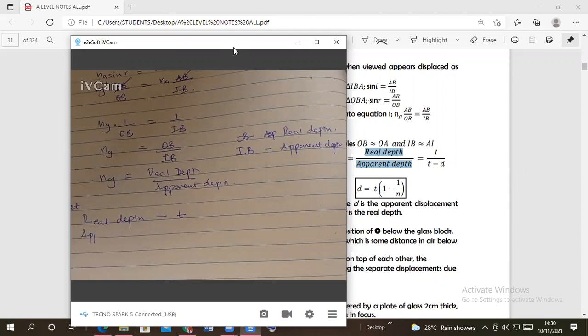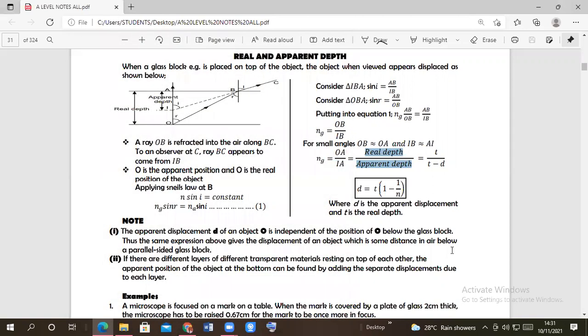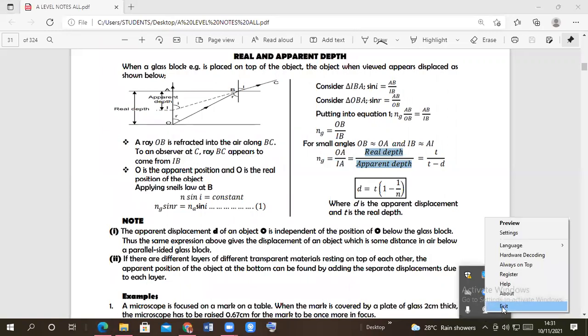Okay, let me first fix the camera, because you are not seeing what I'm writing at all. But you can go ahead if you know what you are doing.